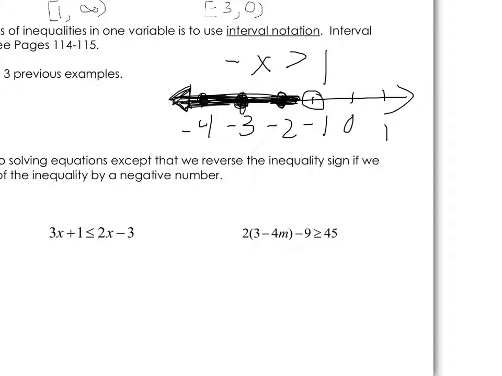So think about what the solution is. The opposite of x is greater than 1. That's the same thing as saying x is less than negative 1. So when you multiply the original inequality by a negative 1, you get x is less than negative 1.